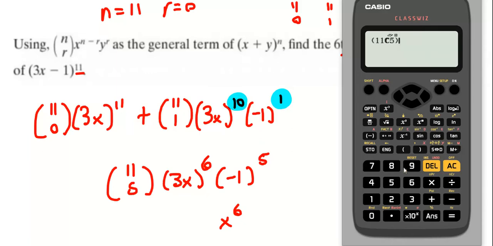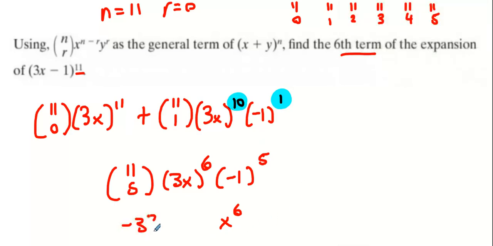Okay, and then it's 3 to the power 6, and minus 1 to the power of 5. Yeah, minus 336. Right. So if it says the word coefficient, it's just the number that comes in front of it. But it doesn't say coefficient, it wants the whole term. So it's that and the x to the power 6 as well. Cool. All right.